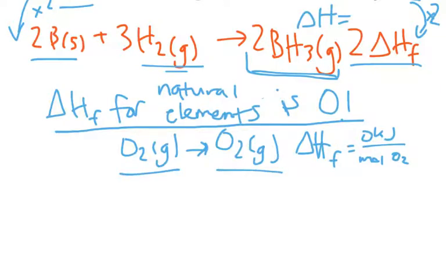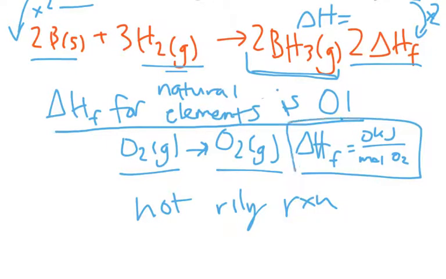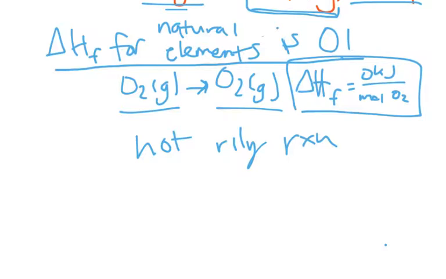Notice how nothing happens here, so this is not really a reaction, but if you wanted to write it this way, you would note immediately that the ΔH of F would be 0. Now, what if we wanted to find the ΔH of F for, let's say, O2 liquid?